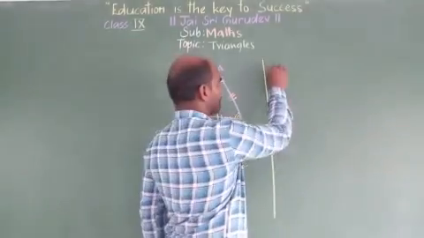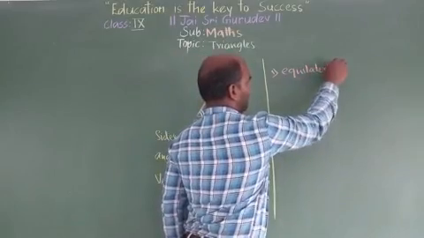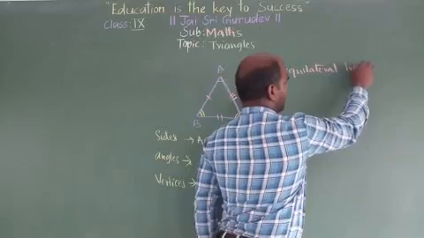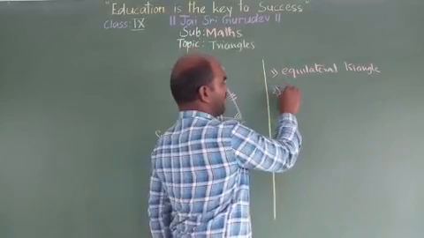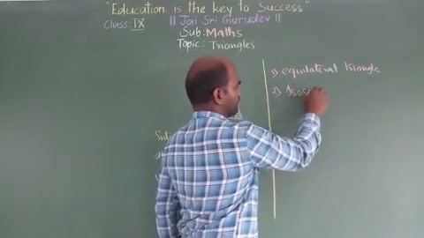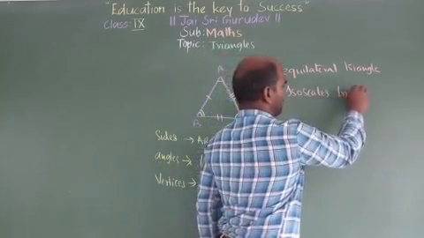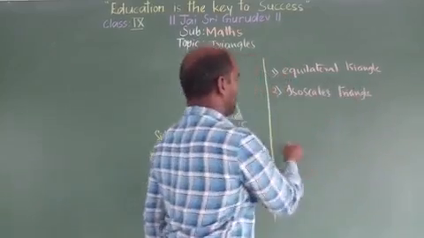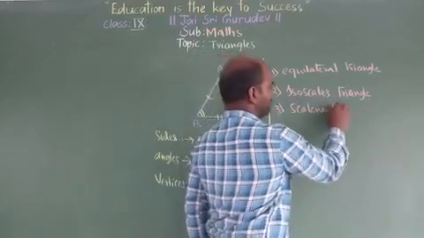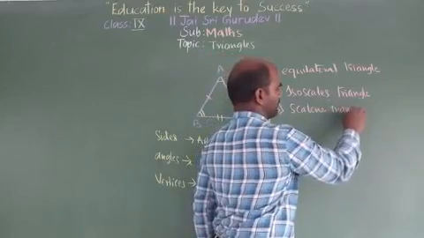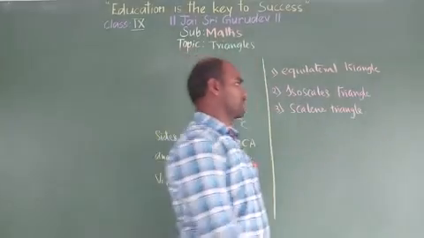First one is the equilateral triangle, second one is the isosceles triangle, and third one is the scalene triangle. Yes, so these are based on the sides.